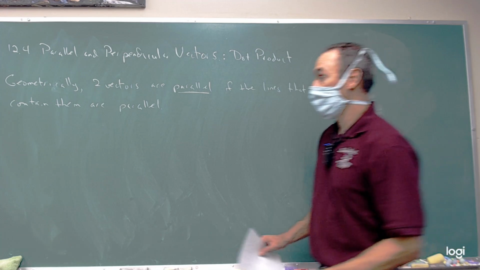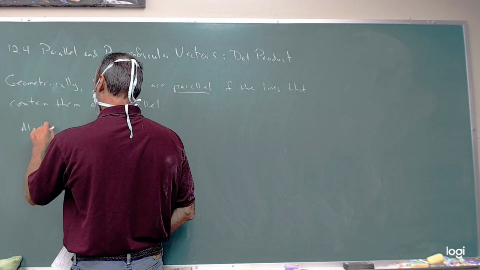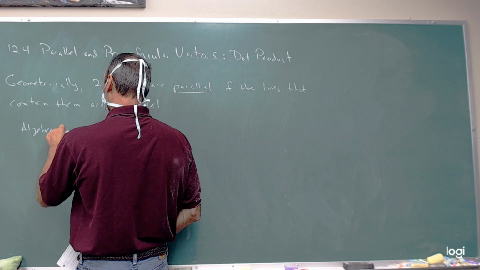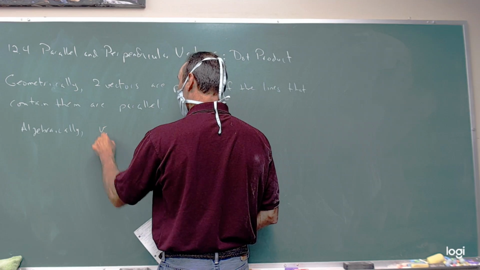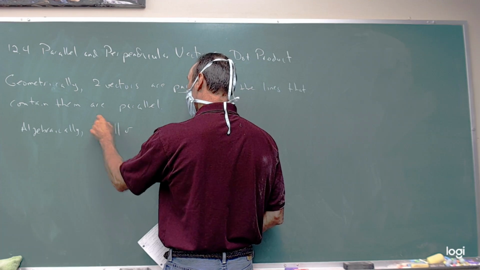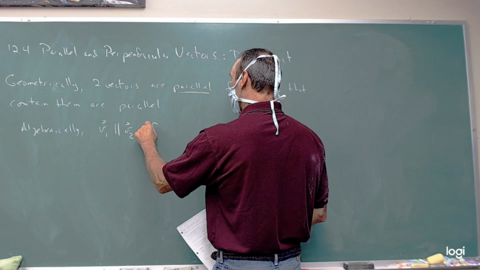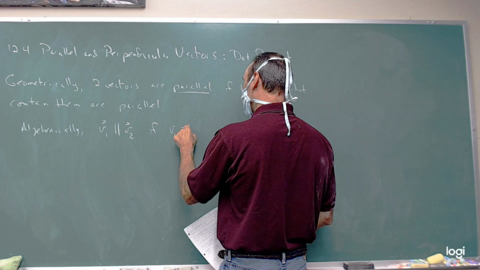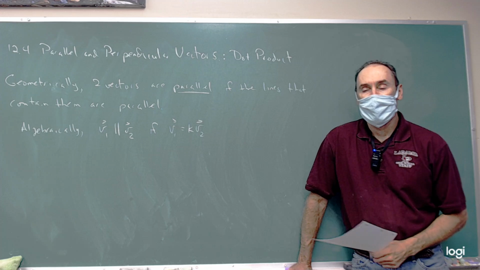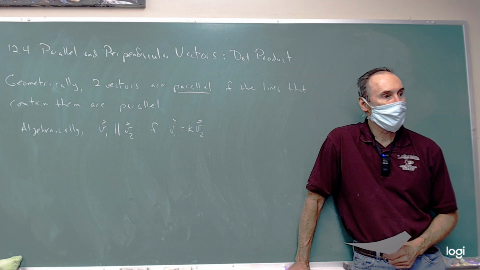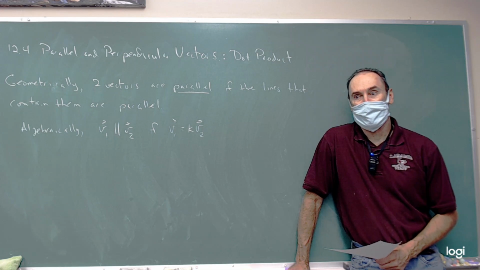Algebraically, what this means, this kind of bothers you, used to bother me, I've come to accept it. Algebraically, V1, vector 1, is parallel to vector 2 if V1 is some multiple of V2, which somehow doesn't seem quite right, but it's going to be that way, so might as well accept it.